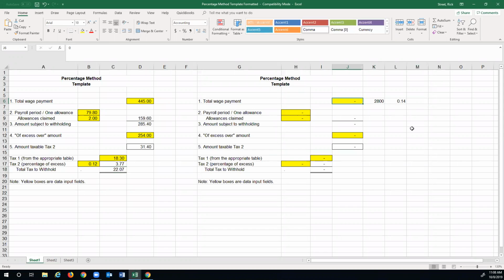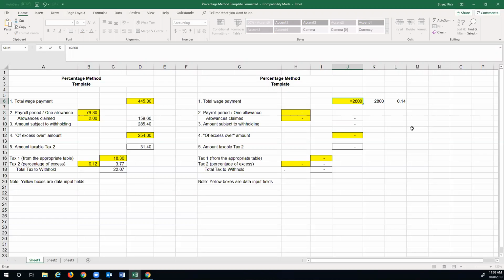So we could go right here and say this is equal to 2,800. Okay, I got a thing I want to do, and that's to take 100% and subtract out the 14, which is 86.